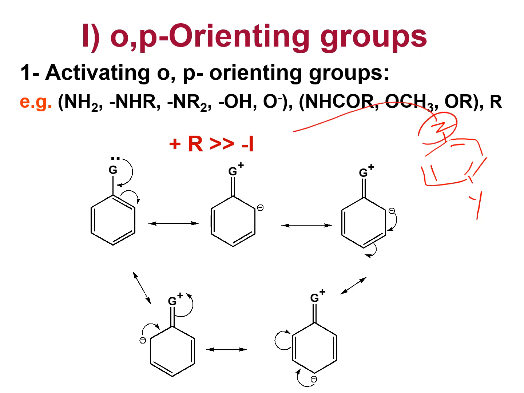If the X belongs to this bracket and the Y belongs to the second bracket, then the electrophile will choose to go according to the Z and not according to the Y. On the other hand, if the Z belongs to this bracket and the Y belongs to this bracket, then the electrophile again will prefer to go according to the Z. Finally, if the Z belongs to this bracket while the Y belongs to that bracket, then the third substituent will choose to go according to the Y. It will go to the positions where the Y orients the next substituent to.